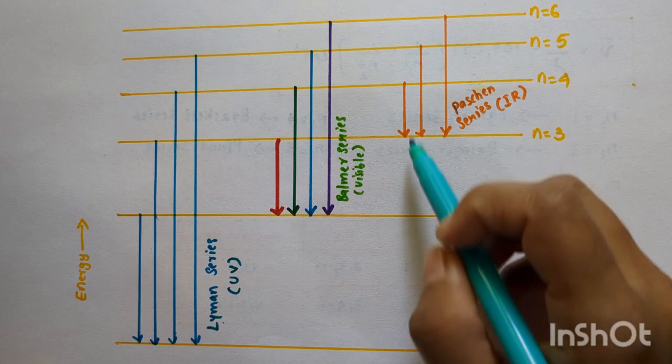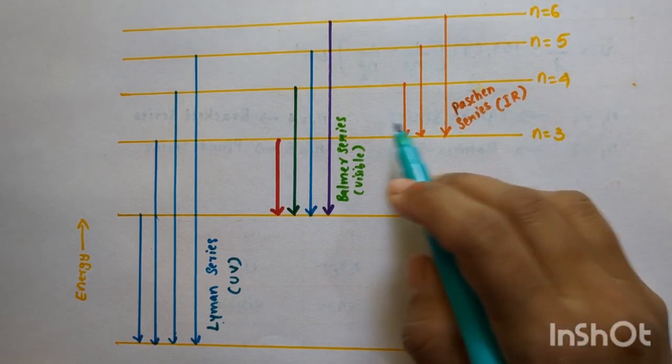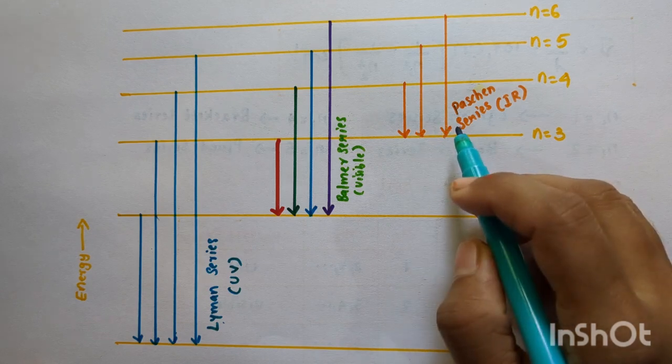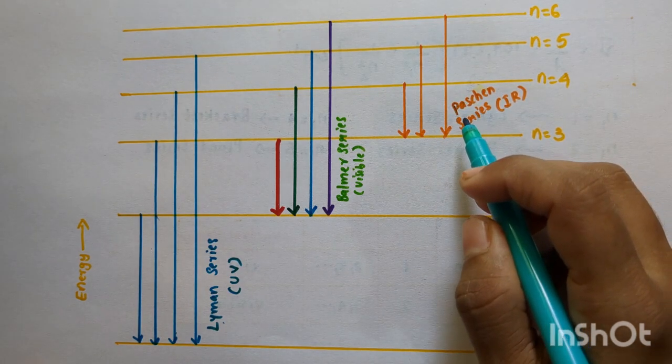All these transitions of the electron give us infrared radiations, and this corresponds to the Paschen series of transitions.